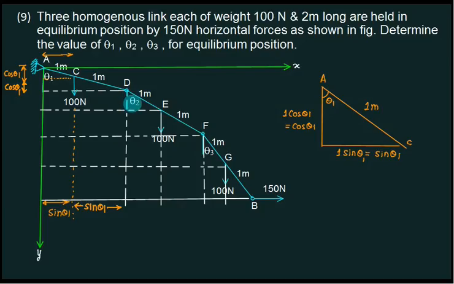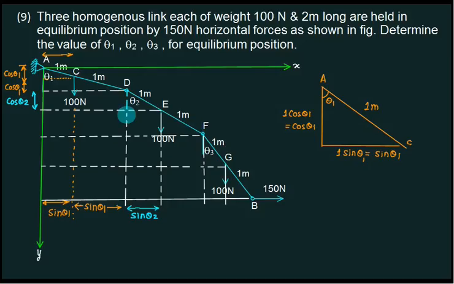This one is theta 2. So is it cos of theta 2 from this portion to this portion? And this one is sin theta 2. Now this angle is theta 2, so this is the same length. Is this angle also theta 2? This is the same length, a straight line.